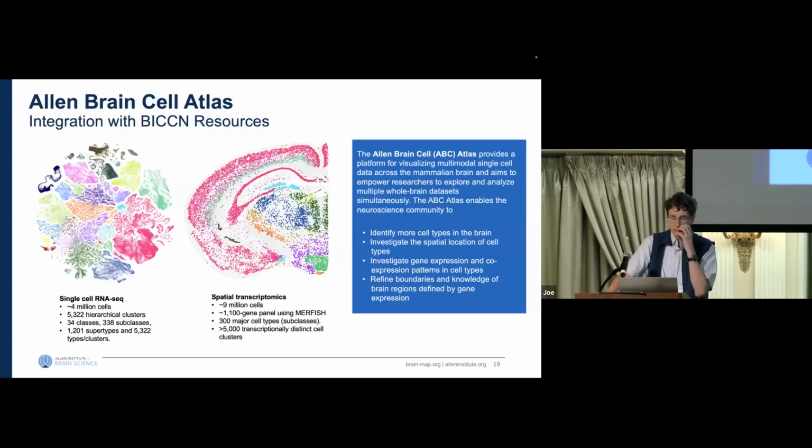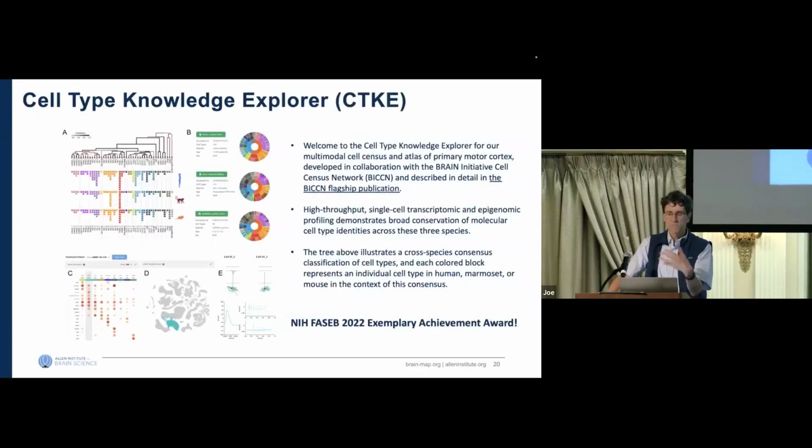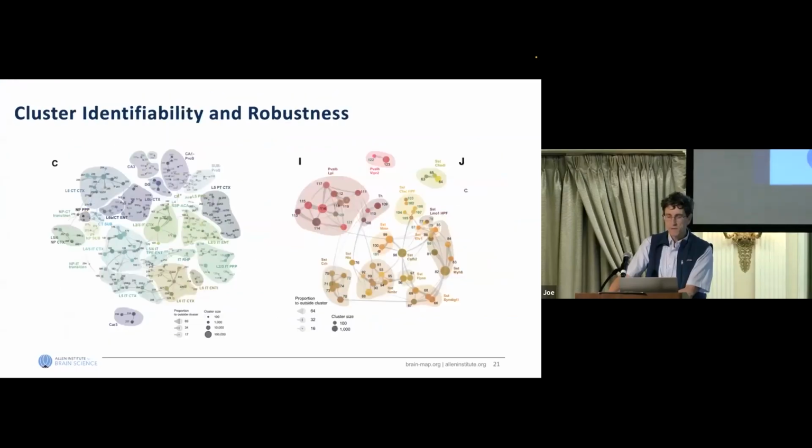So we put these data in our atlases and connect them with the spatial data, and we make these different environments and build knowledge around it so people can explore it.